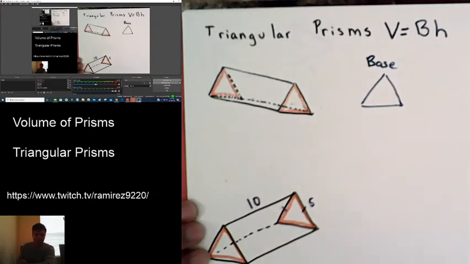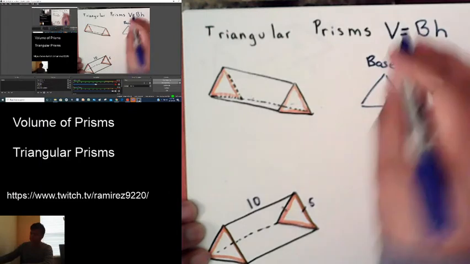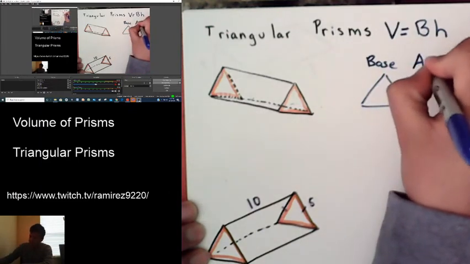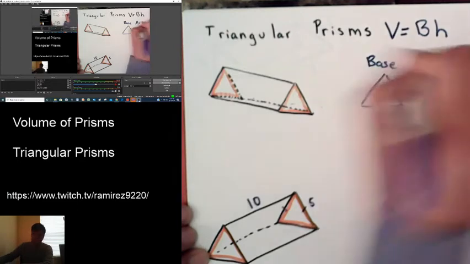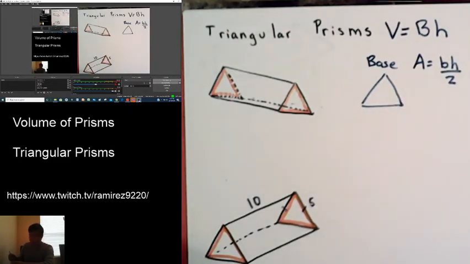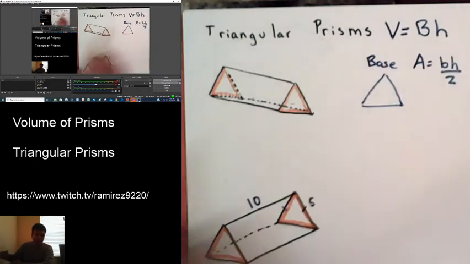So when you're trying to find big B, where big B stands for the area of the base, since it's a triangle, you're going to have to do base times height divided by 2. Do not confuse this height with that height. They're obviously different.